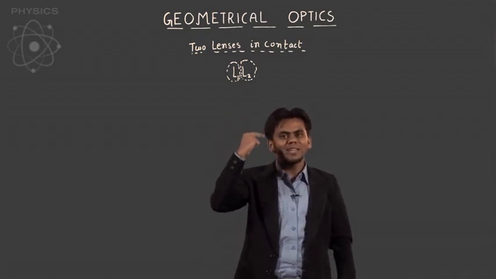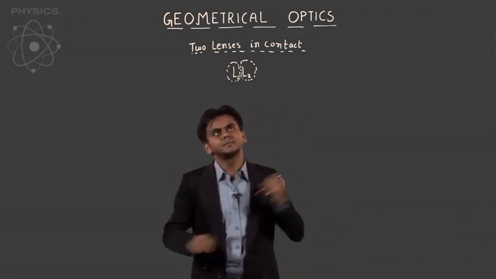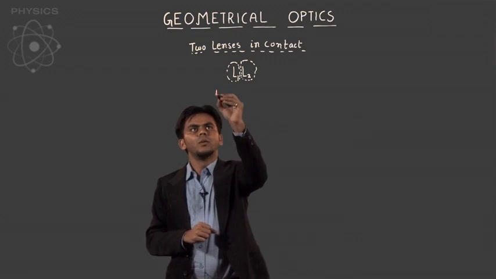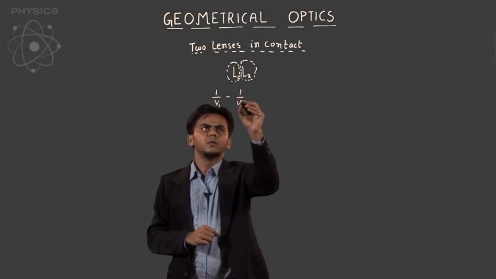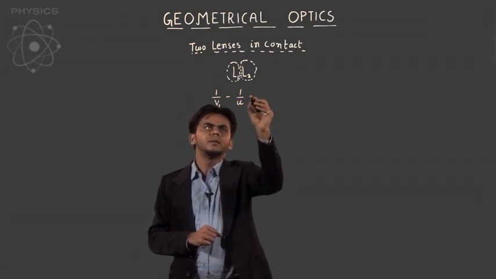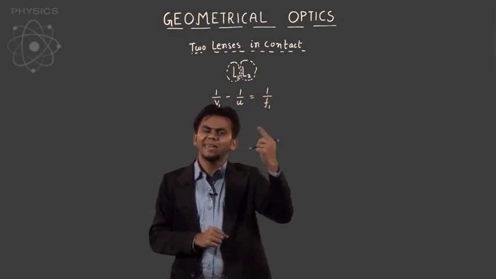So if I apply my lens formula to lens 1, L1, what I would get is 1 by V1 minus 1 by U is equal to 1 by F1.